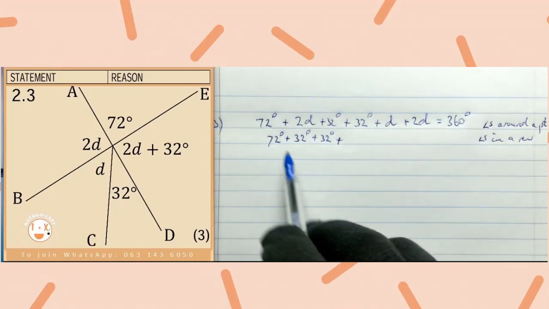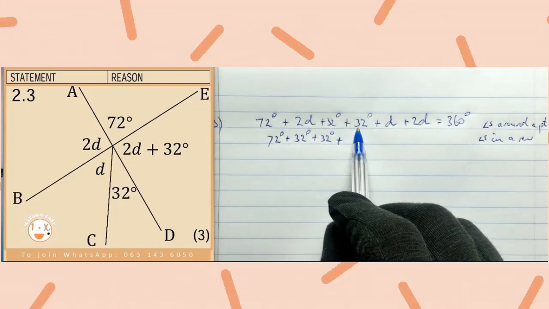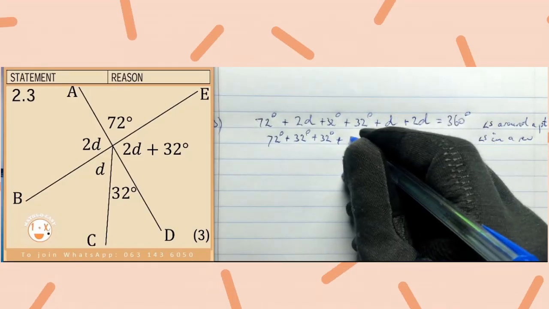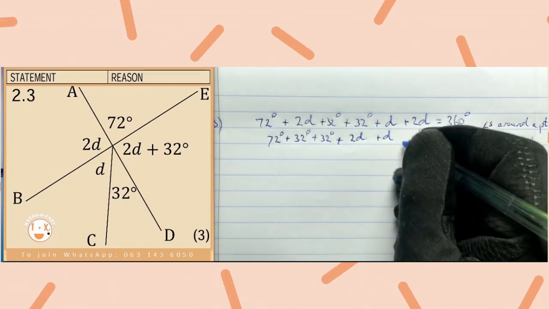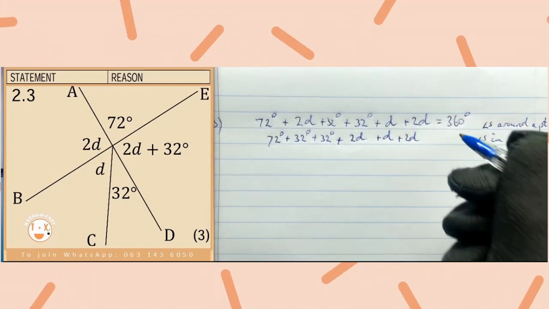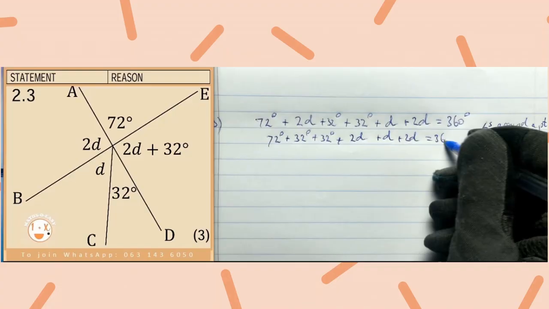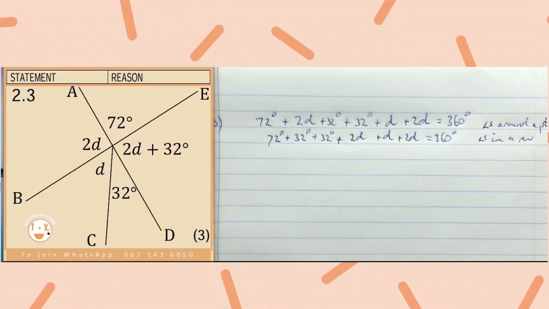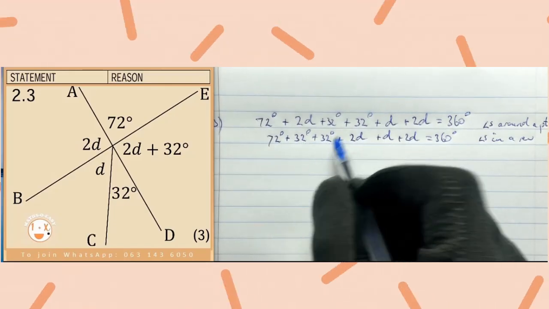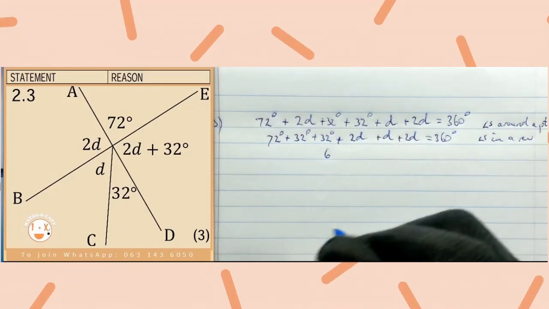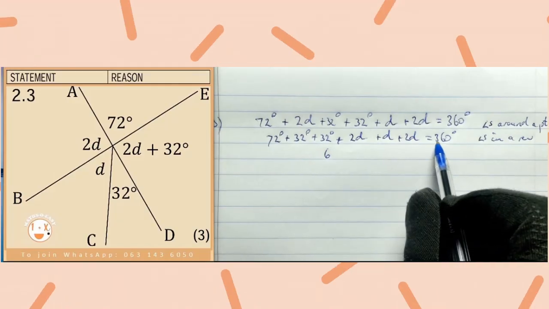So we have 1, 2, 3 values, and then we have 1, 2, 3 terms, isn't it? And then we don't forget our 360. Then we have 2, 4, 6. Whoa, this is ugly. You can go into your calculator.